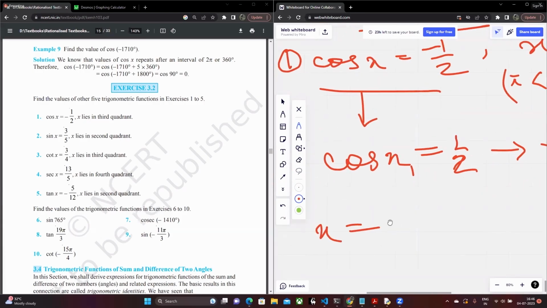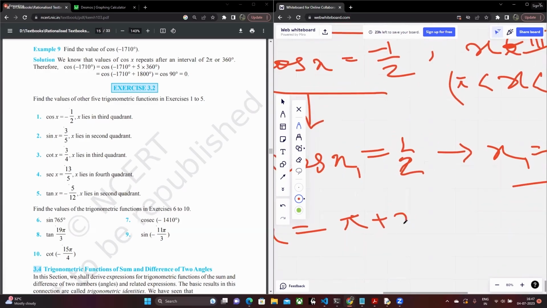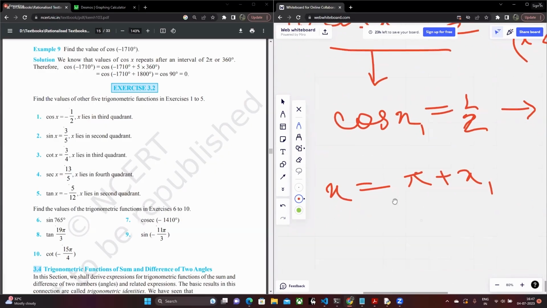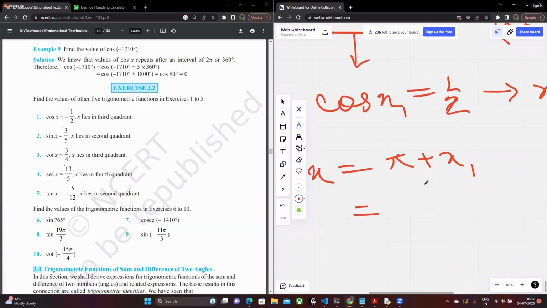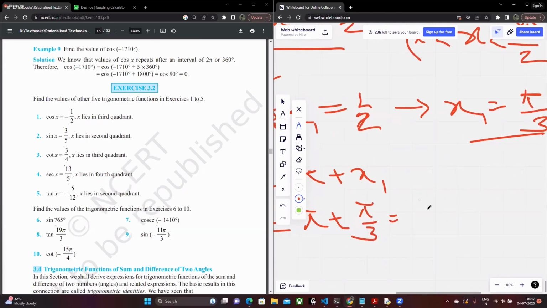So x is basically pi plus x1. So we have x to be pi plus pi by 3, which is 4 pi by 3. You can plug this in and check.